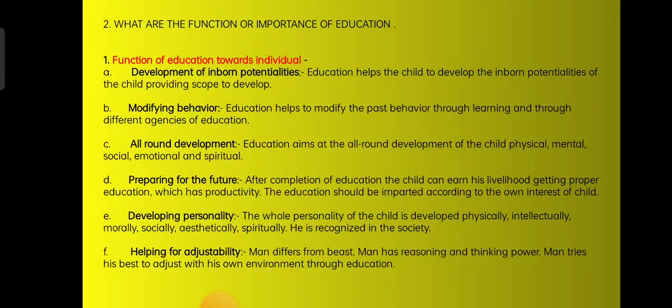You can make this into 3 circles, like how we write A union B, B union C. Make one circle each for functions of education towards individual, society and nation. The first circle will be individual, the second society, and the third nation.